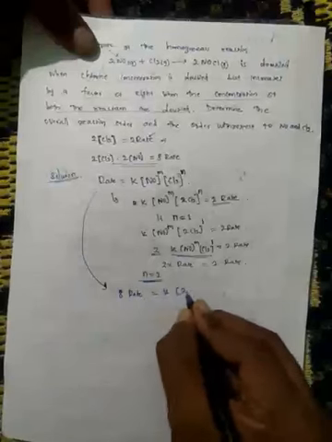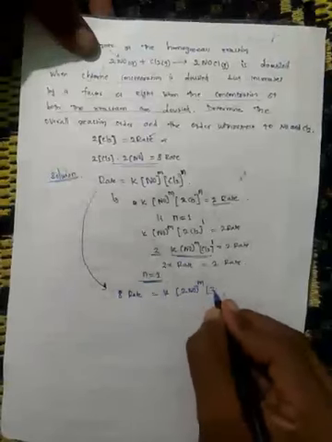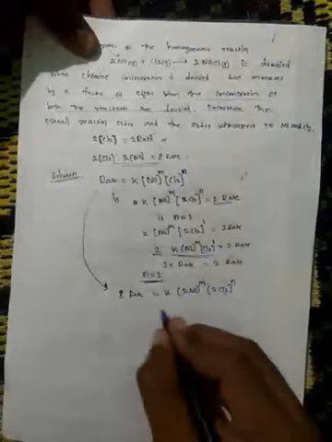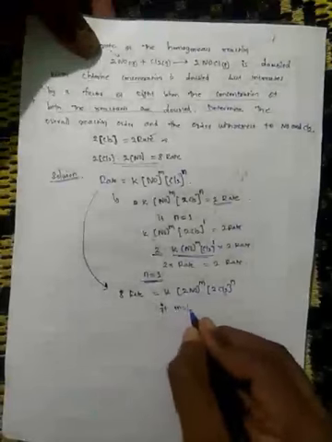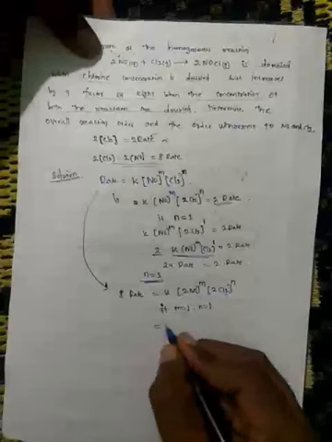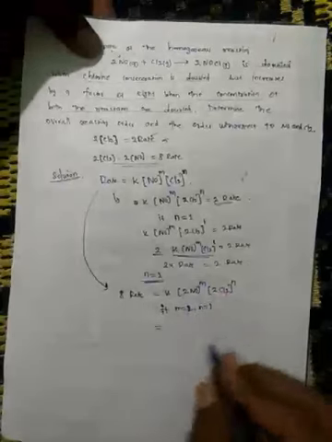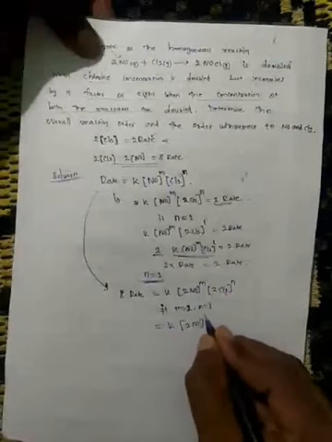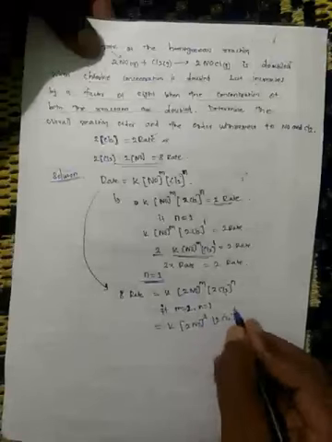Now I am doubling the concentration of NO power M, and also I have doubled the concentration of chlorine N. If I give M equal to 2 and N equal to 1, then 2 into NO power 2, 2 into Cl2 power 1.